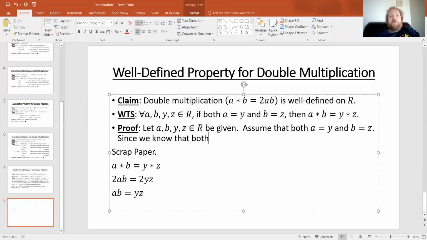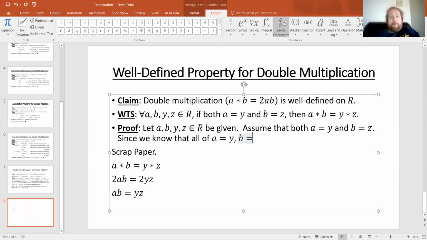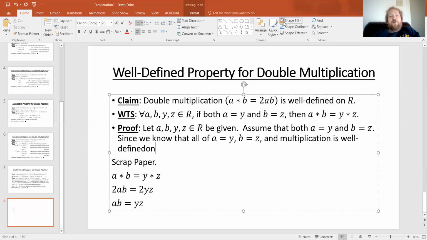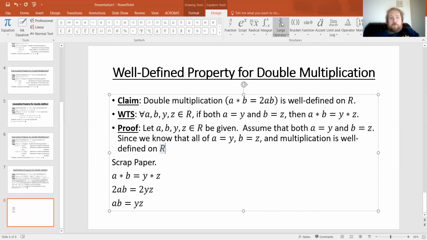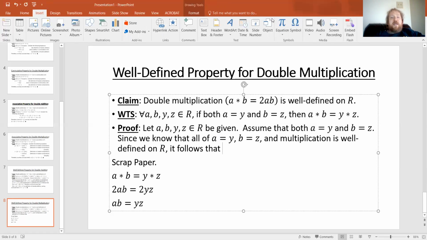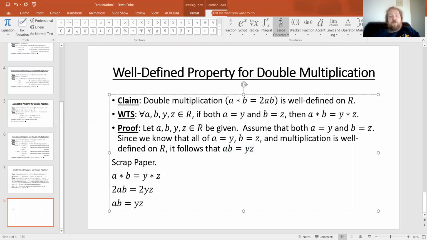Since we know that A equals Y, B equals Z, and multiplication is well defined on R, it follows that AB equals YZ.